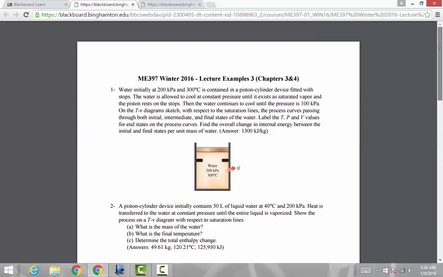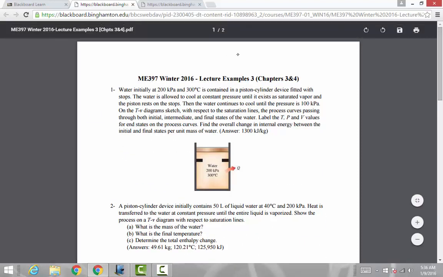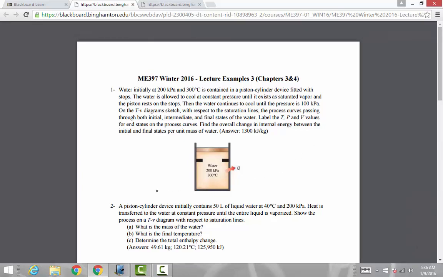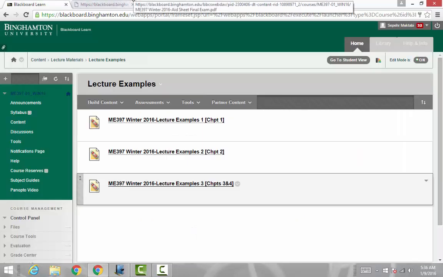Anyway, in this lecture I'm going to talk about this first one. Again, please keep this in front of you on your screen, because I will refer to information provided in the text of this question, and I have it here in front of me. So let's solve that example.